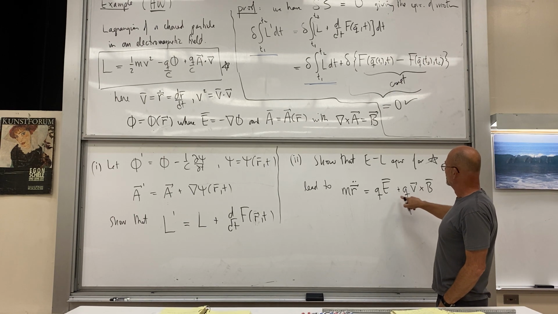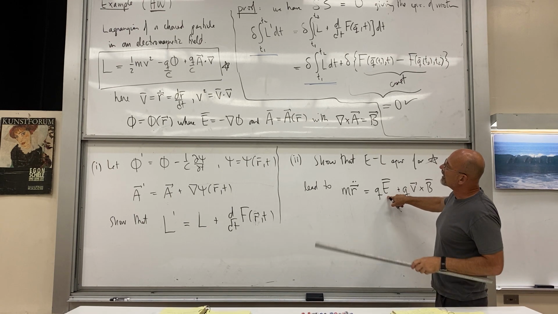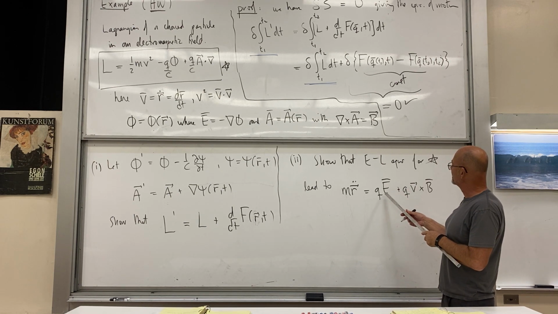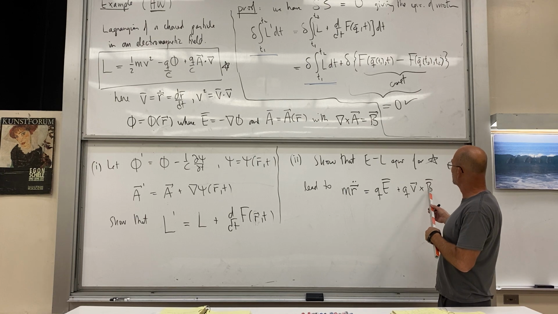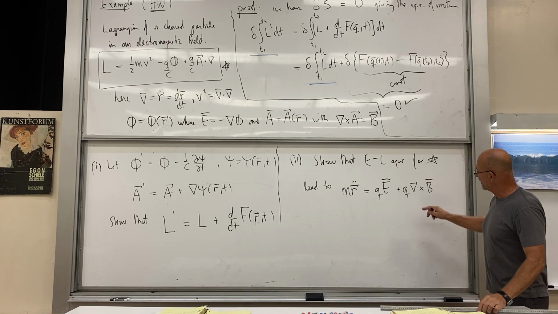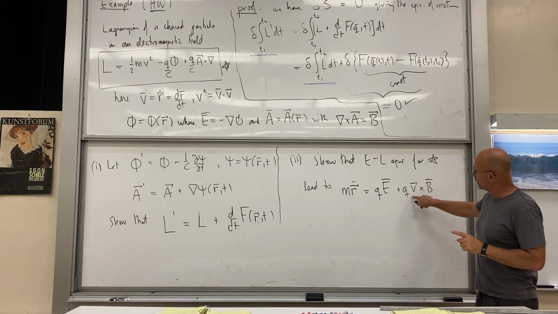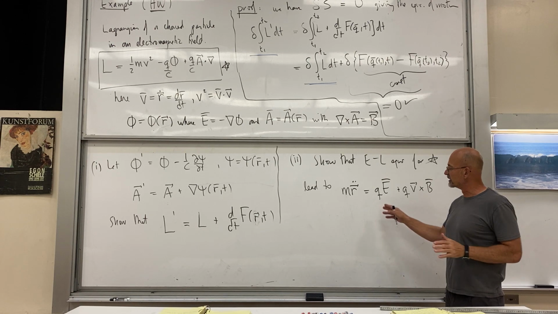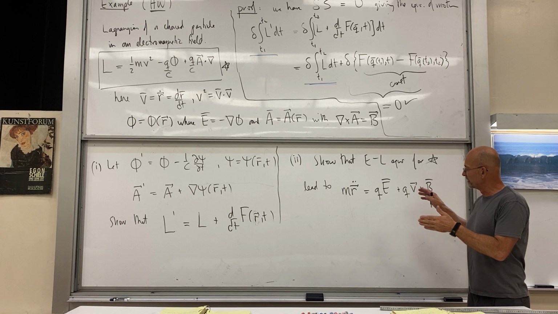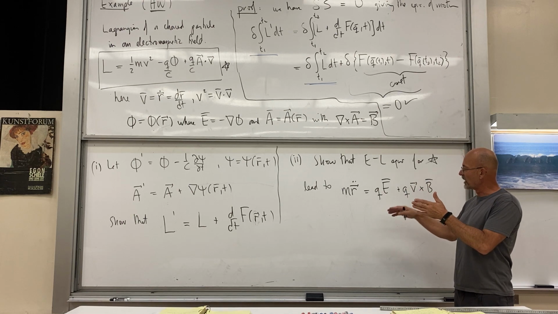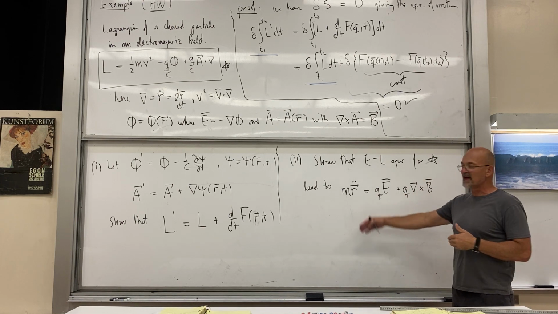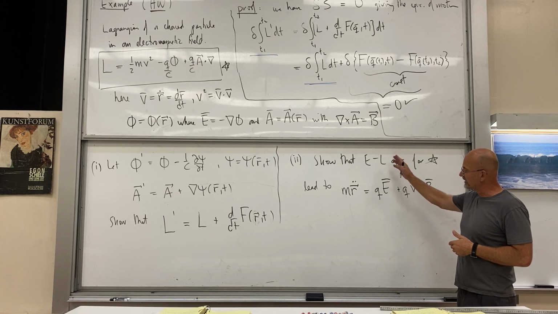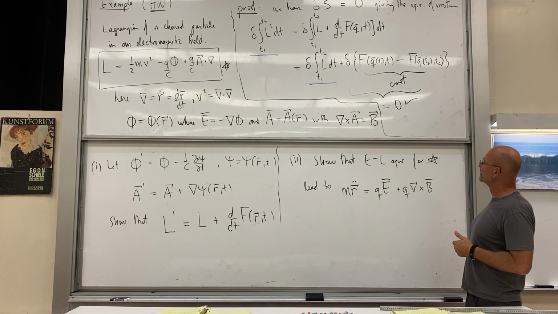Now, I think this is pretty complete, qE, qv cross B. This could get a little hairy, but what you do is if you can show it for the x component, then you can declare victory, because the equations, we can generate them cyclically. And so if you get one, you got all three of them. Okay.